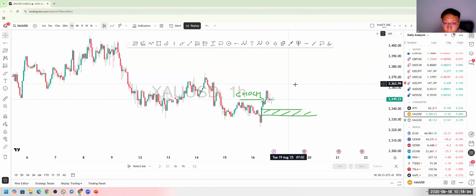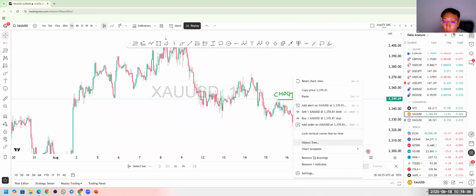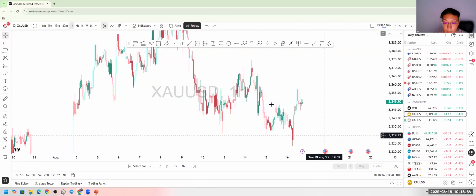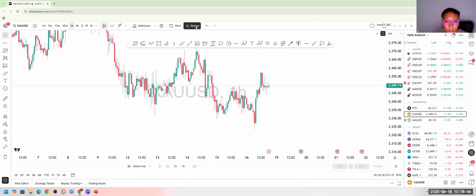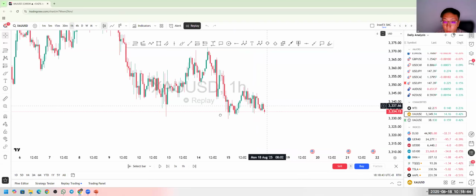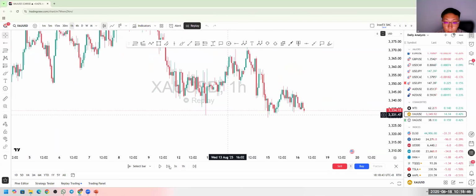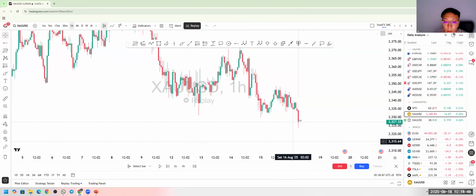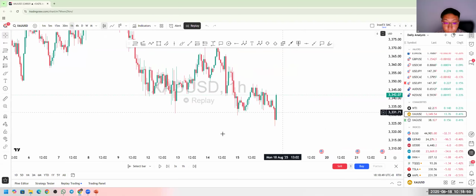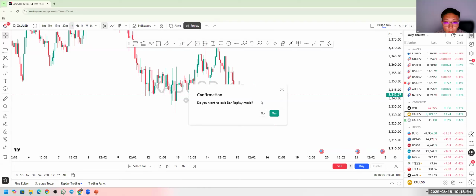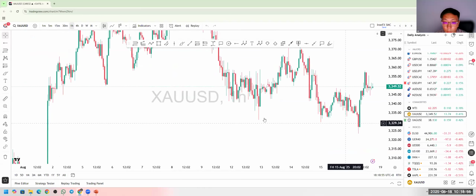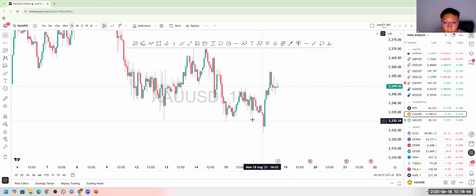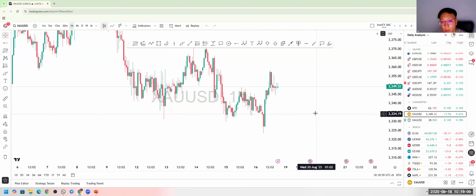Technically speaking, I would have wanted to look at sells once price is about here, and then it created this bearish candle. Once it created this bearish candle, technically I am looking for sells.